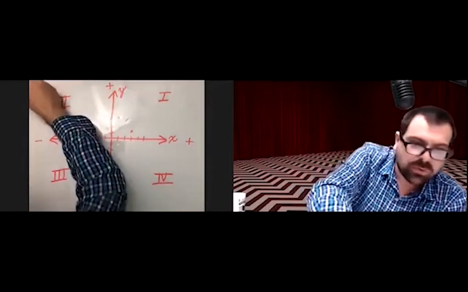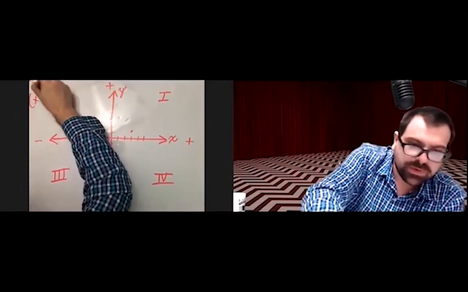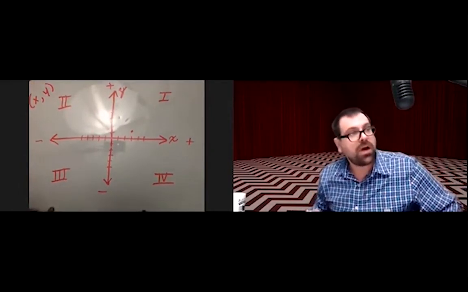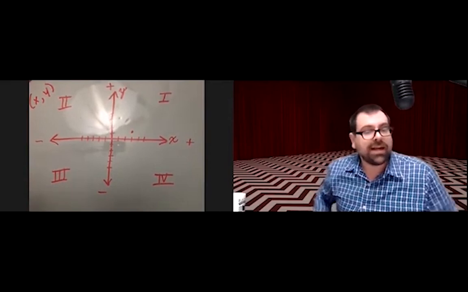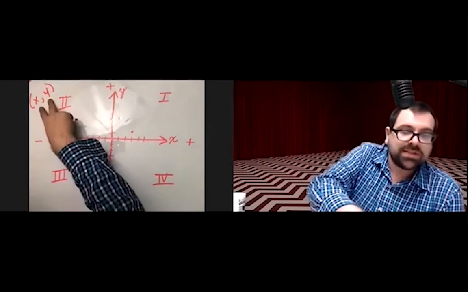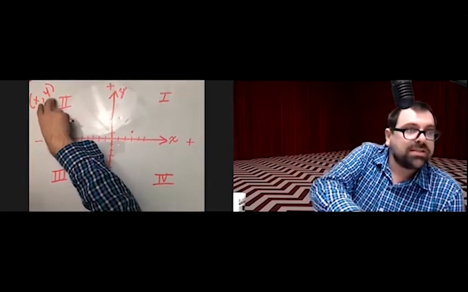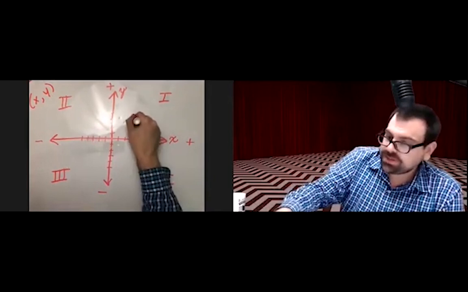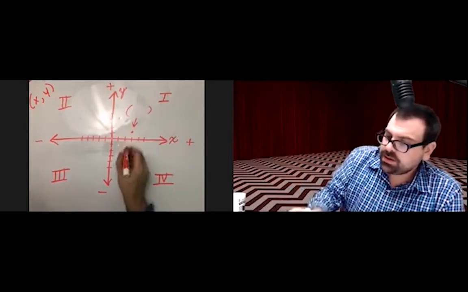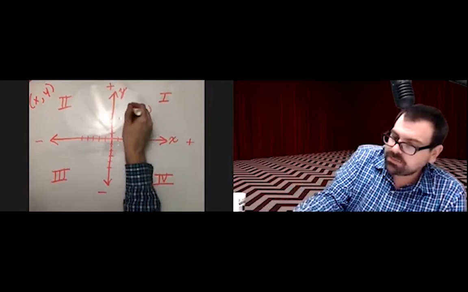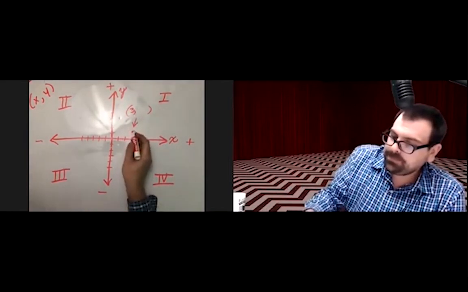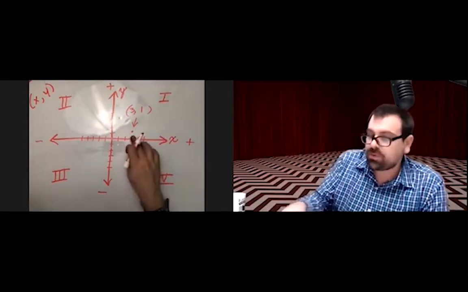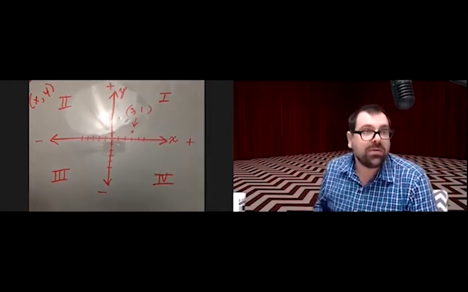And these coordinates are going to be of the form (x, y), in parentheses. So in parentheses, there are two coordinates. The first is an x, the second is a y. And this one here, the x is positive 3, the y is positive 1. So this point would be the point (3, 1).